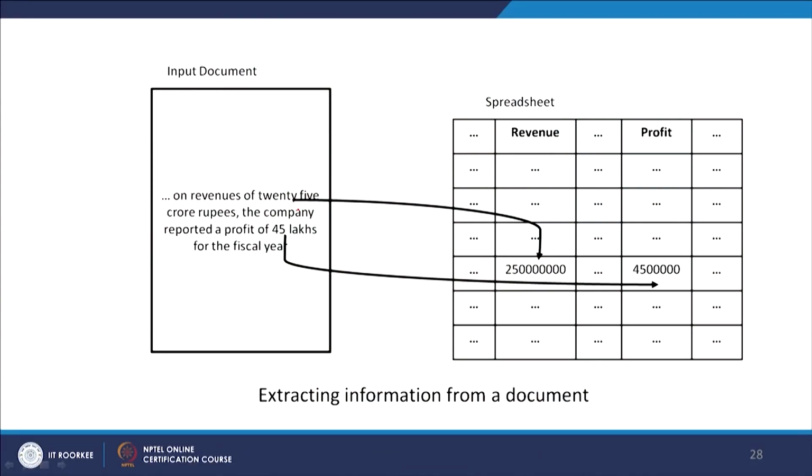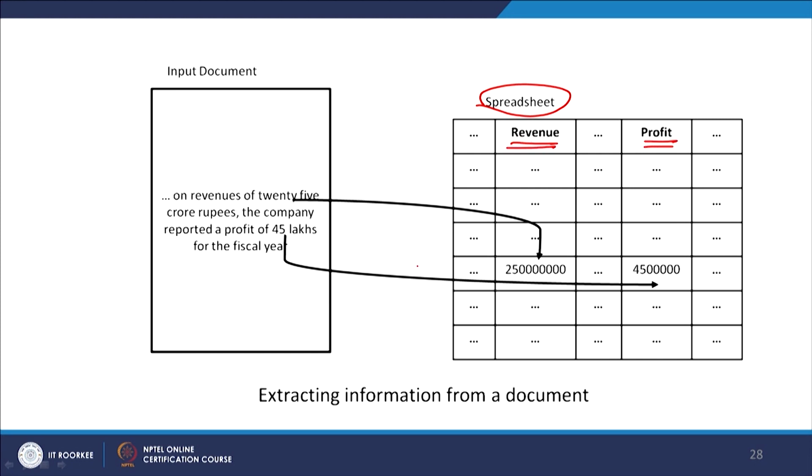Let us understand this using this figure. We have this input document, and you can see a few text lines here: on revenues of 25 crore rupees, the company reported a profit of 45 lakhs for the fiscal year. Then we have this spreadsheet with the variables revenue and profit.